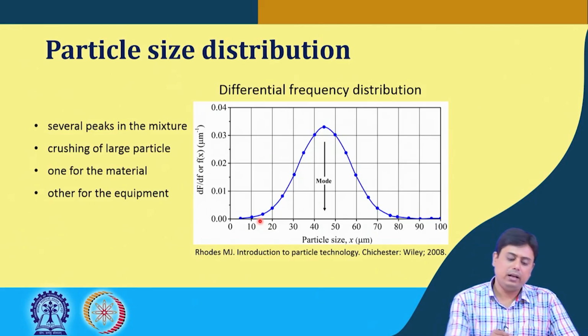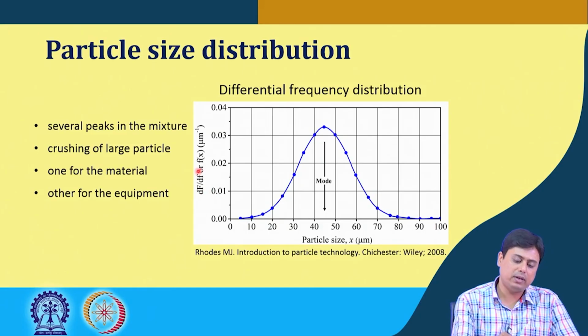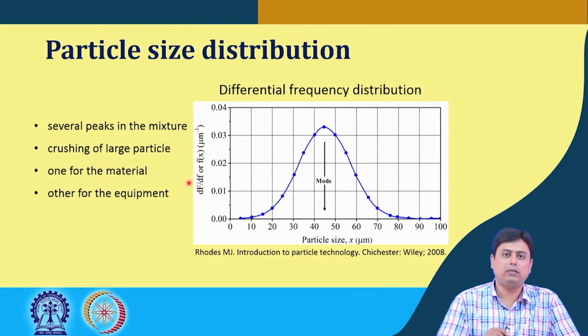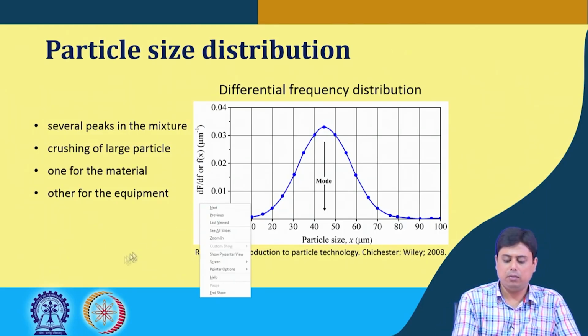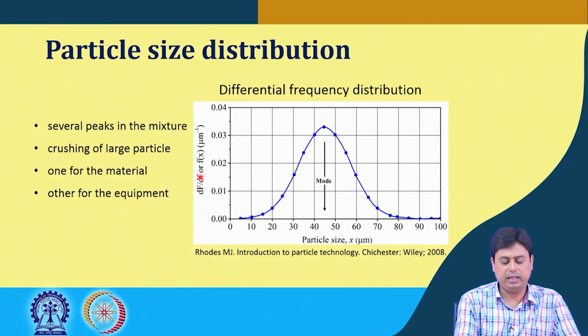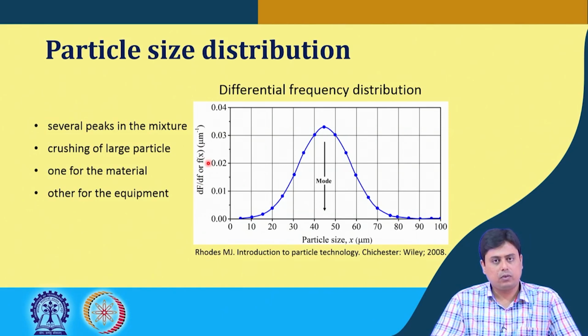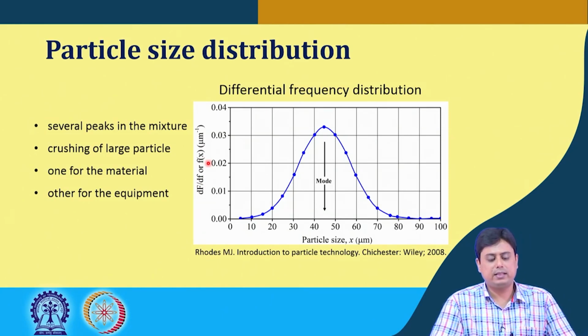Here, the y axis is the slope of the previous graph I have shown. This parameter, df by dx, is fx, a function of x, which we call the differential frequency distribution.